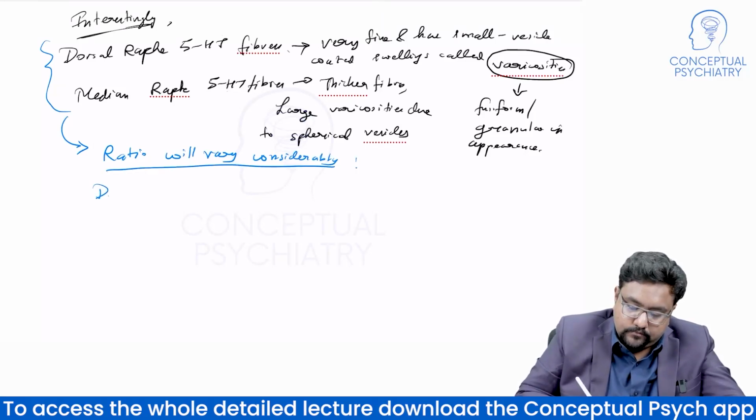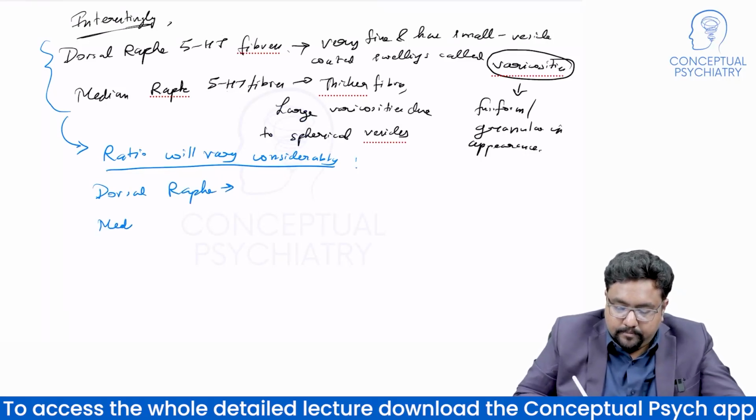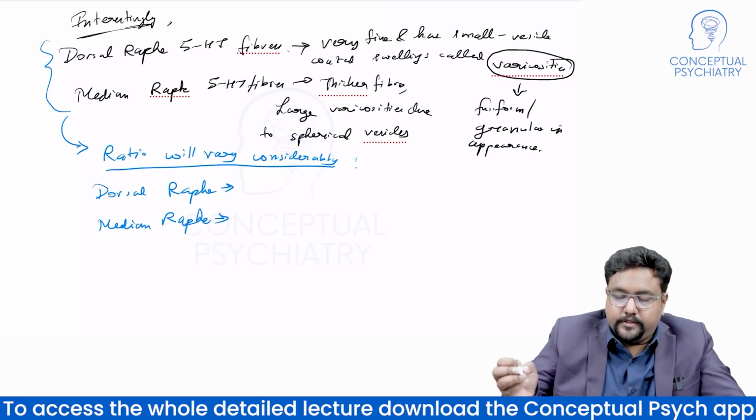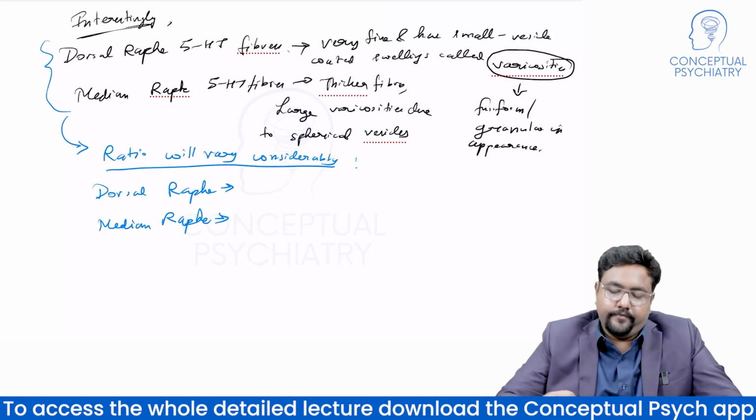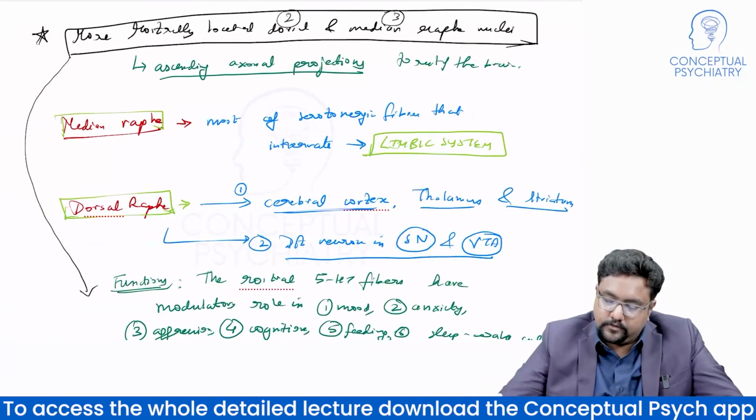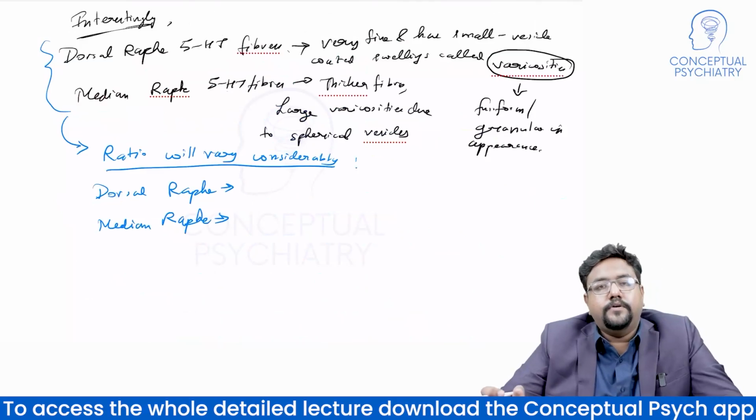That is, the dorsal raphe will have a different set of connections, while the median raphe will have a different set of connections.